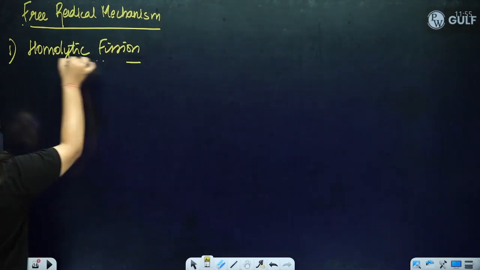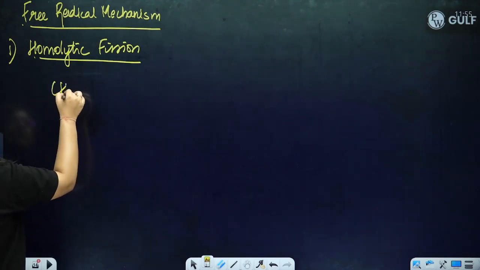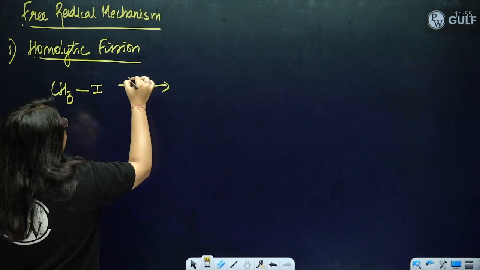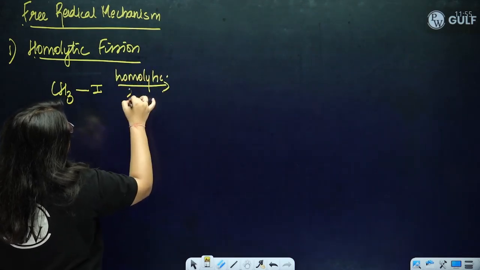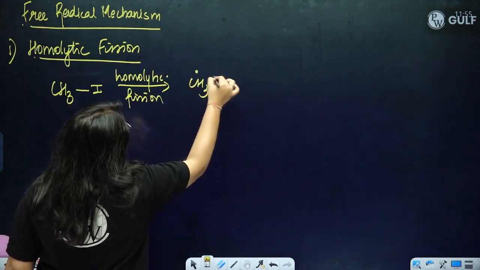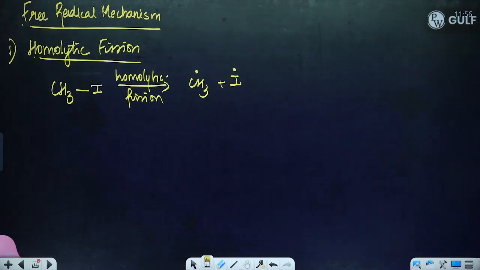As they have taken CH3I as an example, I shall take that as well. So it is nothing but CH3I, in the presence of dry ether, where homolytic fission is taking place, you're getting CH3 free radical plus I free radical, iodine free radical.